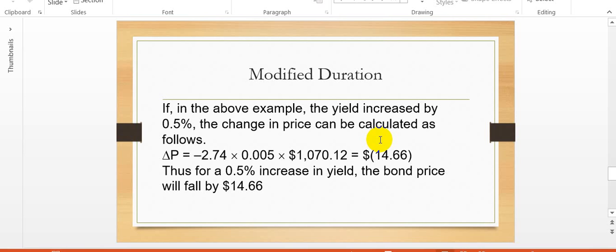This means that for a 0.5% increase in yield, the bond price will fall by $14.66.